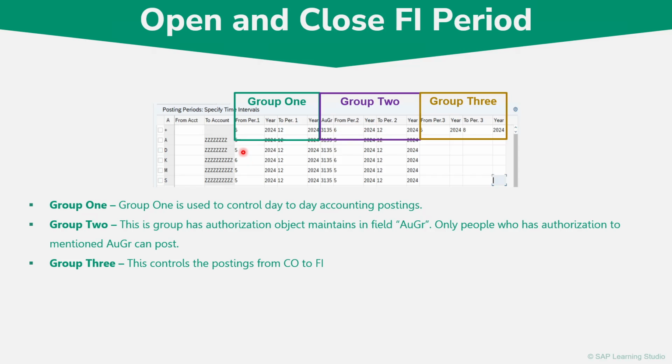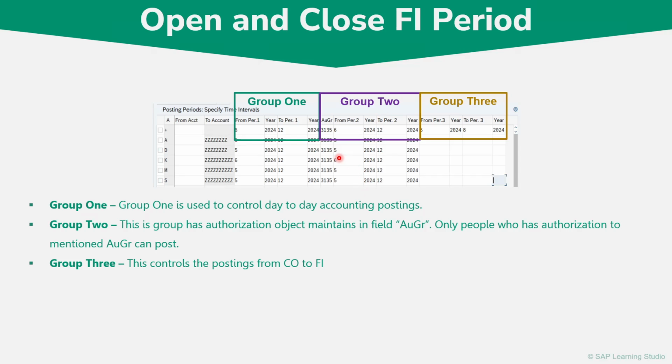Take an example here for the account type D, customer. In group 1, I have maintained the fifth to twelfth period open for the customers. In group 2, I can maintain the fourth to twelfth period open to the users. But only those users who have authorization for this particular authorization group are able to post in the fourth period.